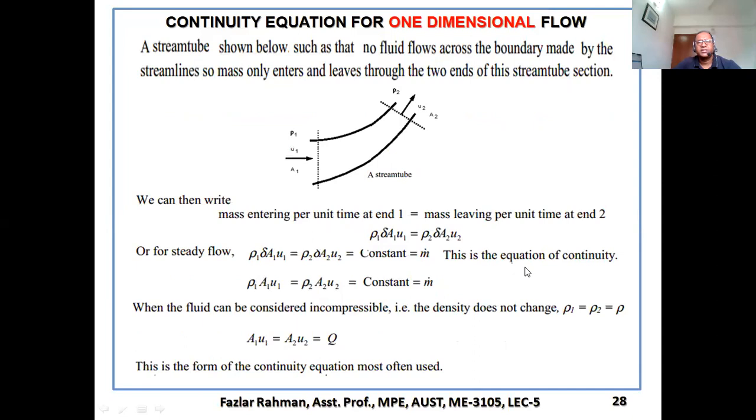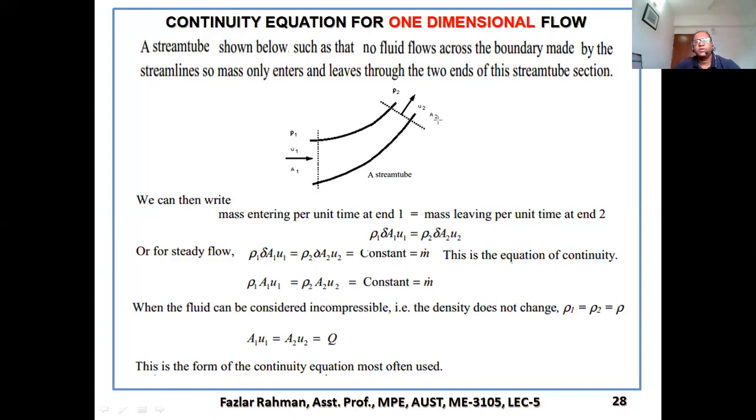So let's derive the continuity equation for two-dimensional flow. Say there is a pipeline and fluid entering at section 1 and leaving through section 2.